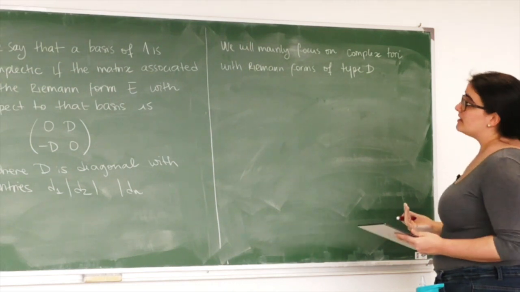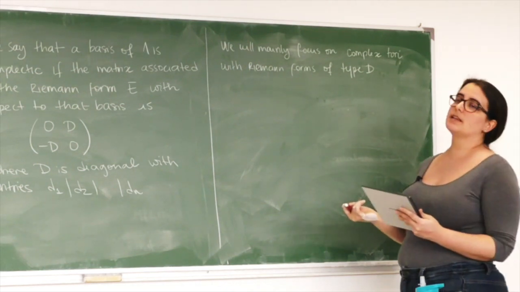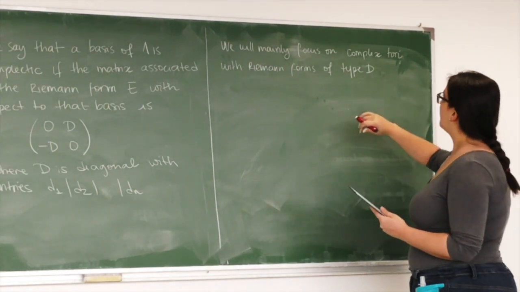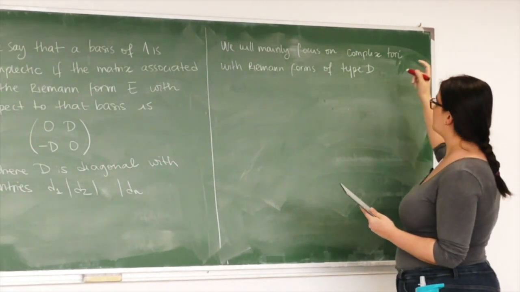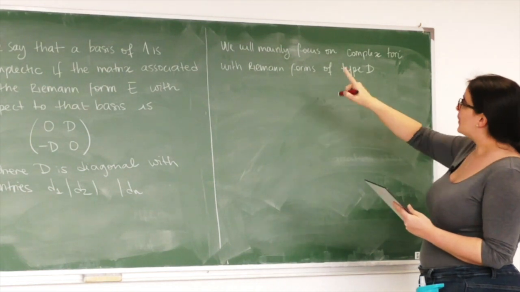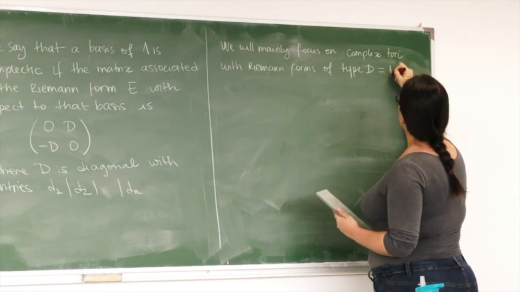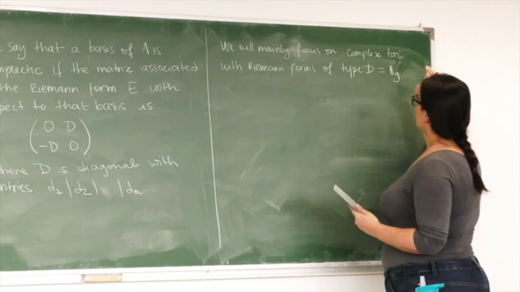And in that case, then we can do something similar to what we did the previous day. I will focus on the case, sorry, I didn't finish the sentence. We will mainly focus on complex tori with Riemann forms of type D equal the identity. Yes, okay.